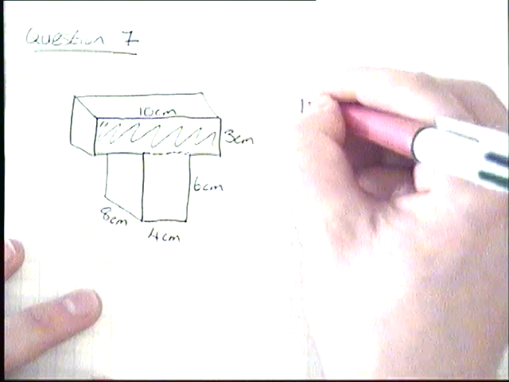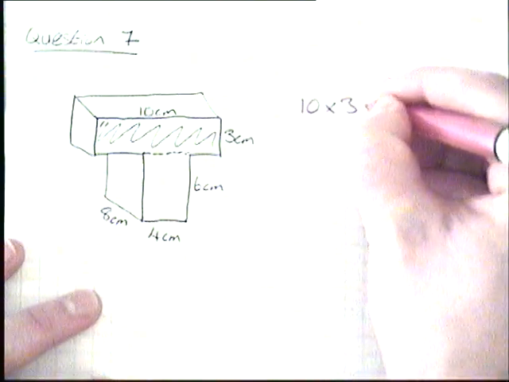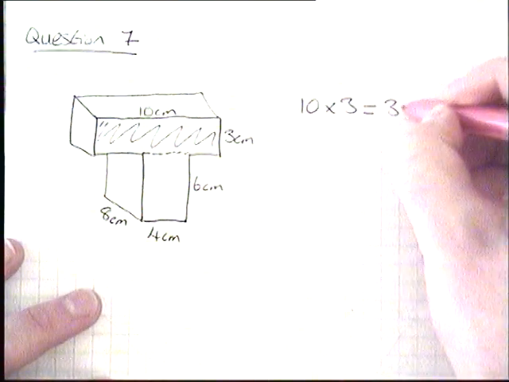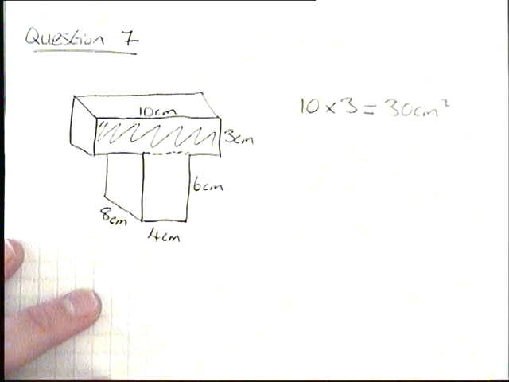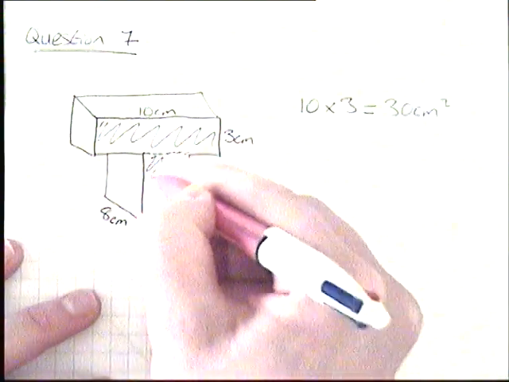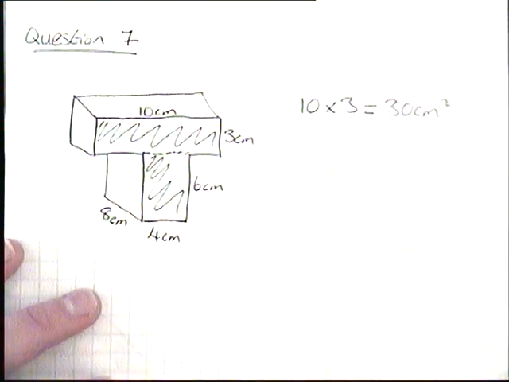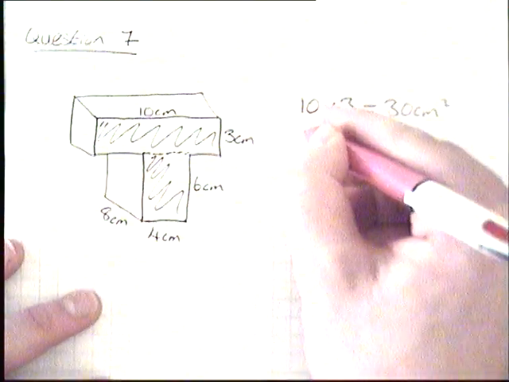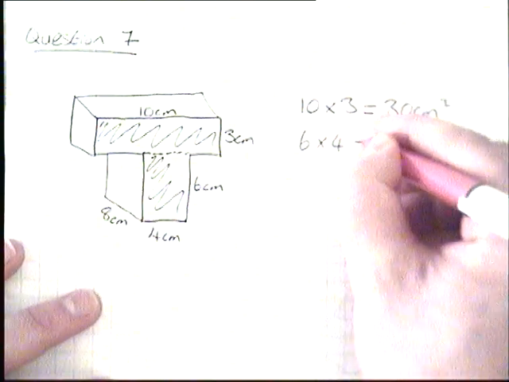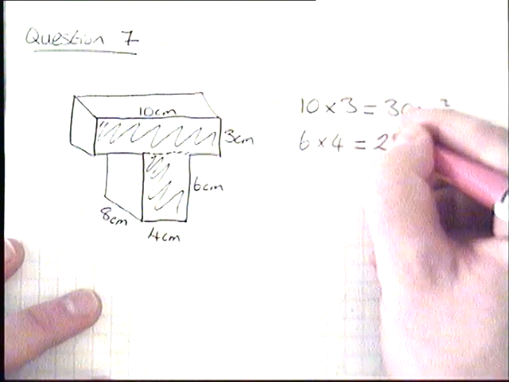So we're going to start by doing 10 times 3, which equals 30 centimeters squared. And then we're going to do our bottom rectangle. So this one here, which has a width of 4 and a length of 6. So we've got 6 times 4, which equals 24 centimeters squared.